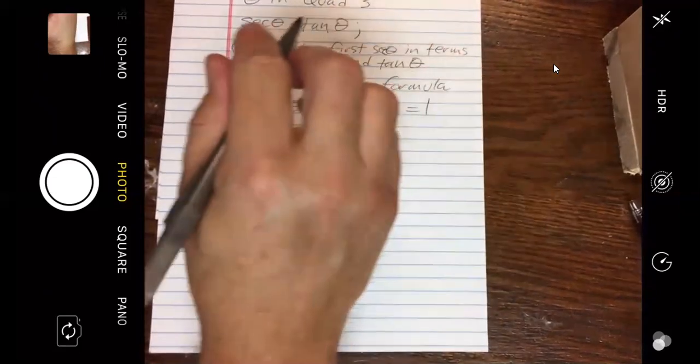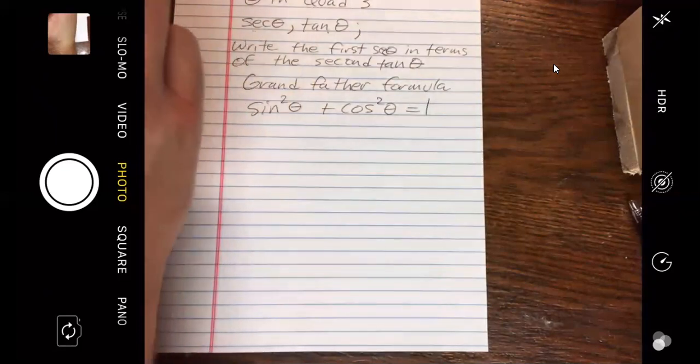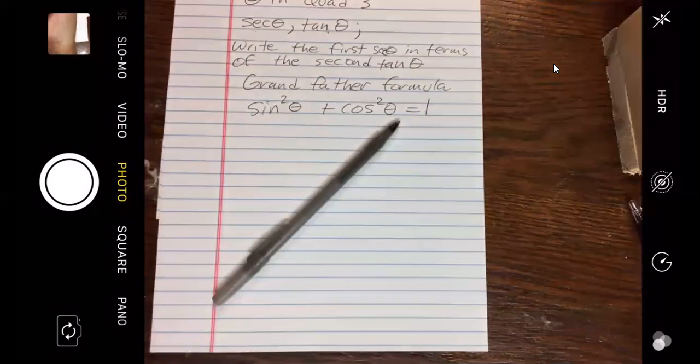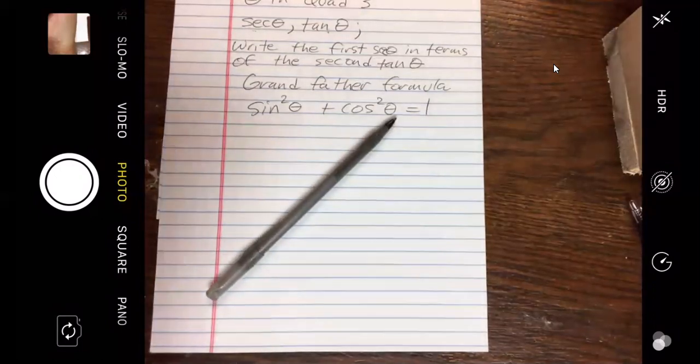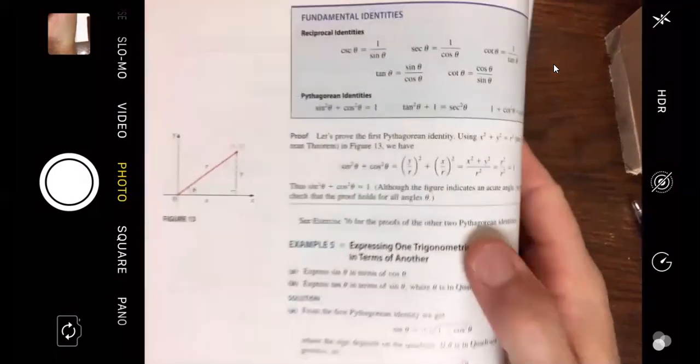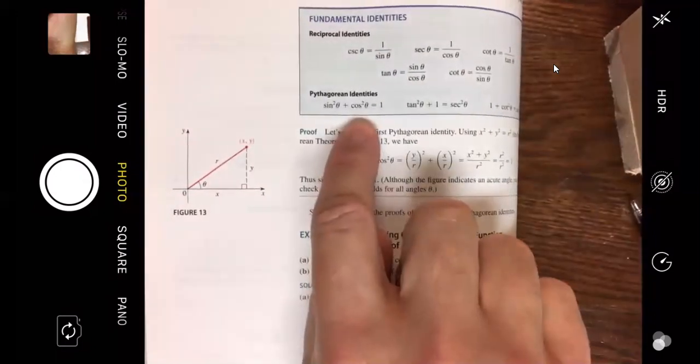Okay, well, you really need it for 5.3. They show this to you right here.